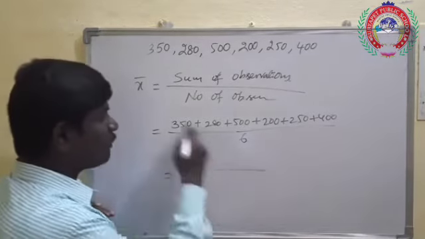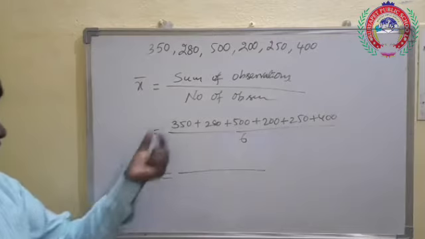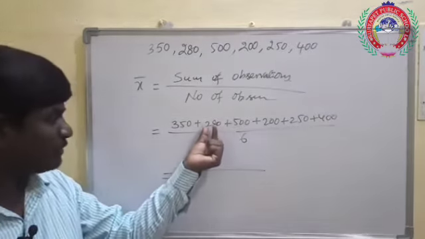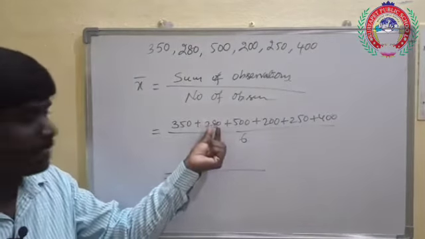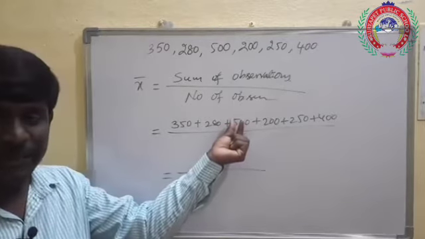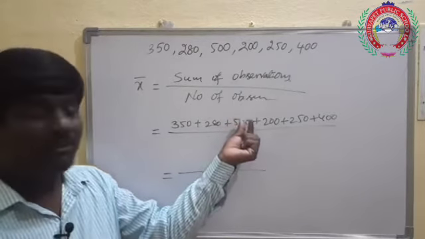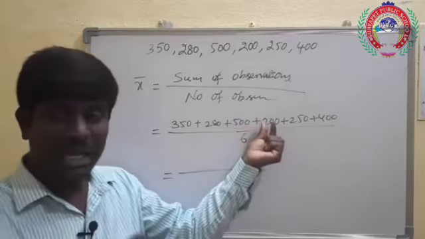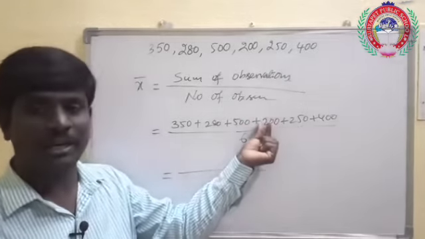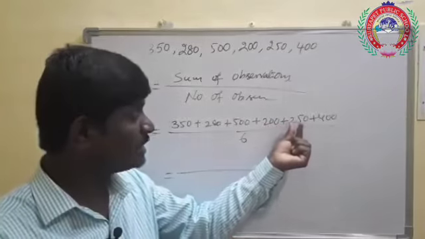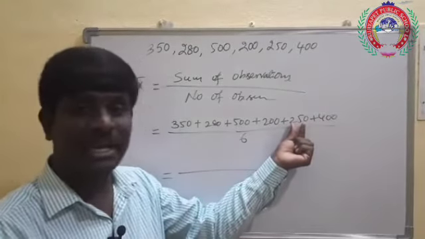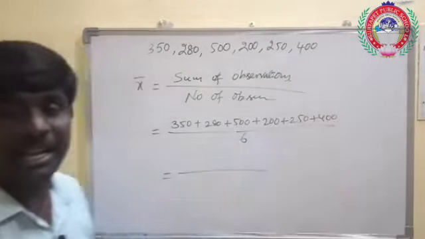Okay, now find the sum of all these numbers. 350 plus 280, 630. 630 plus 500, 1130. 1130 plus 200, 1330. 1580, 1980.